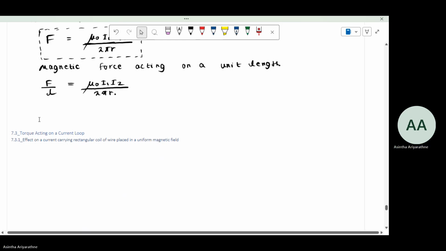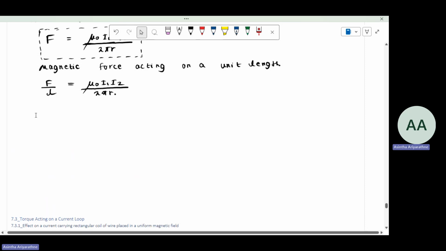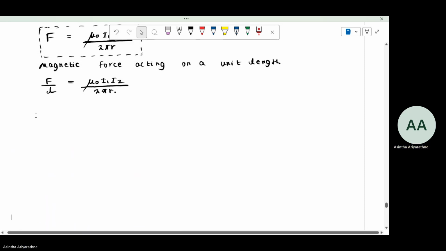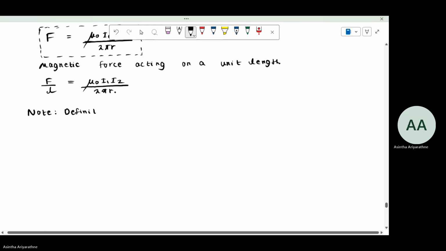Right, so then we can use this to find the definition for the ampere.